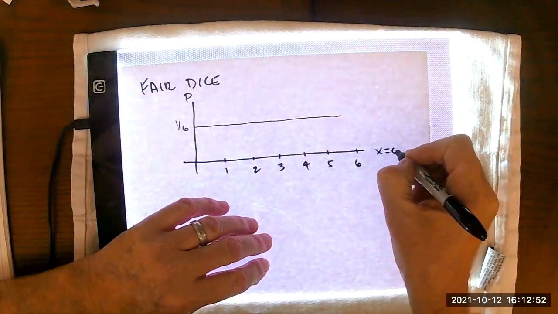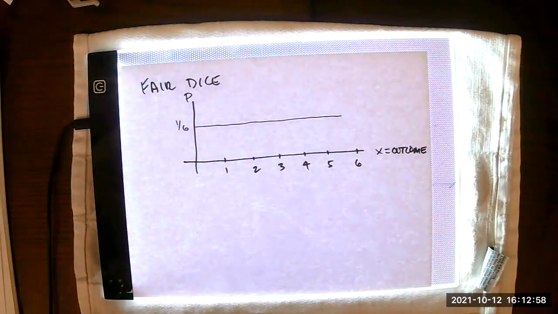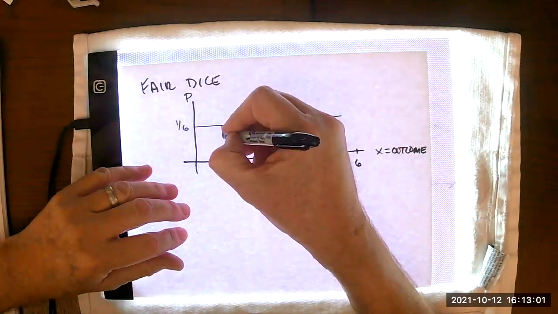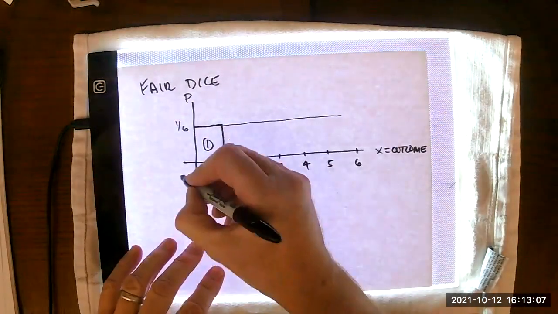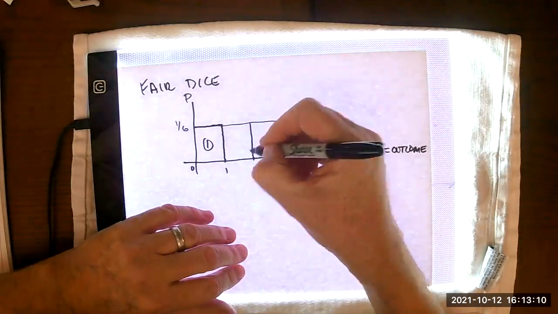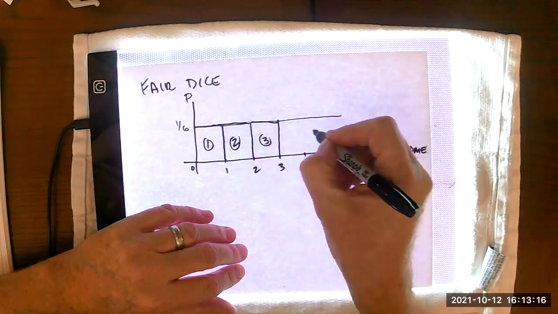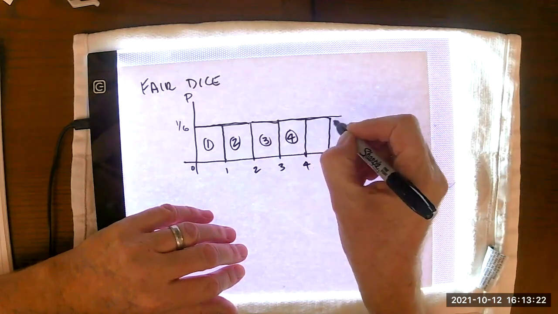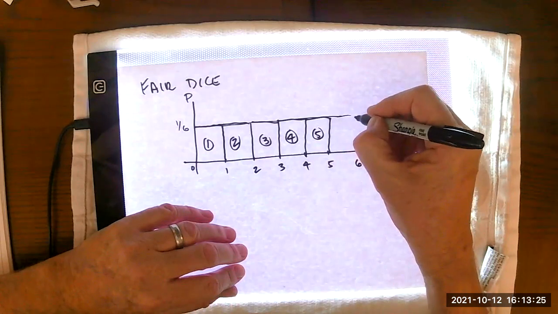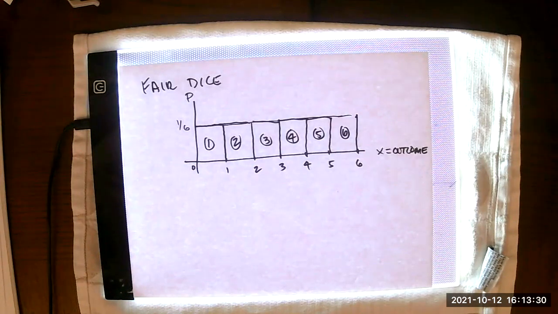The x-axis is the outcome of rolling or throwing the dice. You can have a 1, a 2, a 3, a 4, a 5, or 6. I am going to associate this with a histogram for rolling a 1 if you land between, say, a 0 and a 1, 2, and so on and so forth. The reason I'm setting it up like this, it's a little bit different than you might see set up in perhaps some other parts of the book, but right now it's the one we want. So I have my outcomes visualized in this fashion for a particular reason.